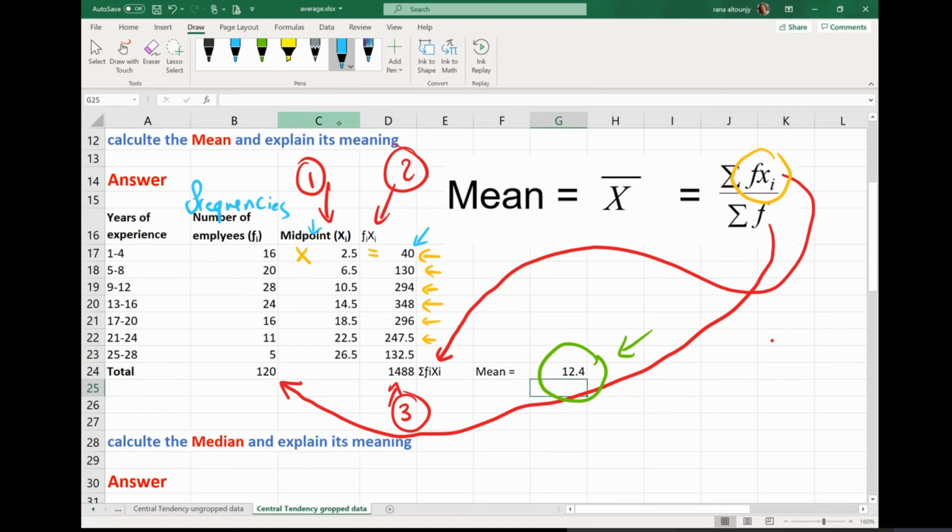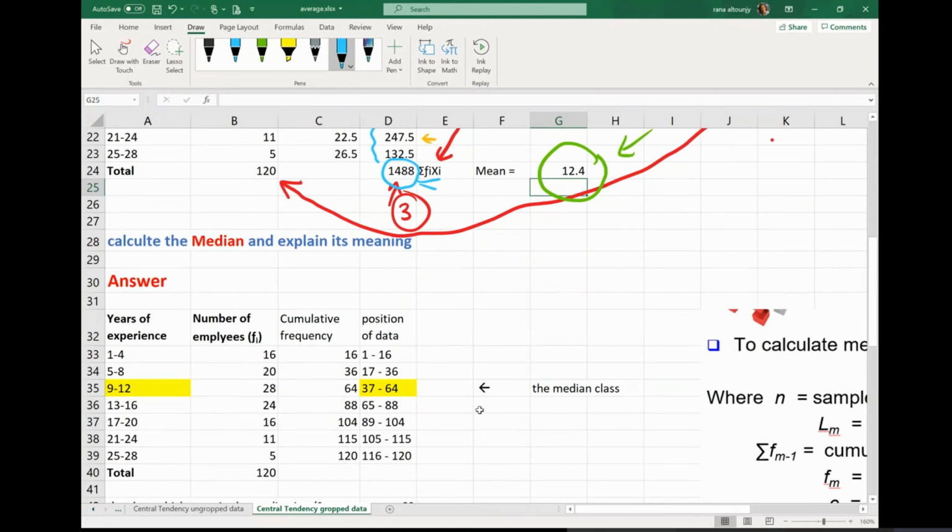What we are looking for is the sum of FiXi, the sum of all those numbers, which is shown in step number 3. Is it clear, Begzat? Yes, clear. Very good.